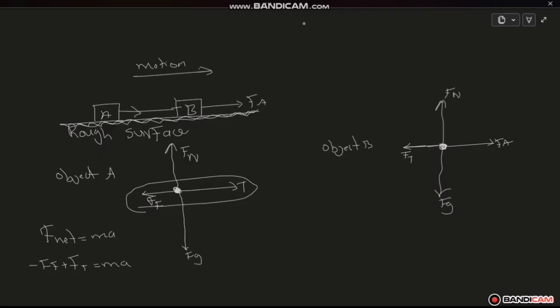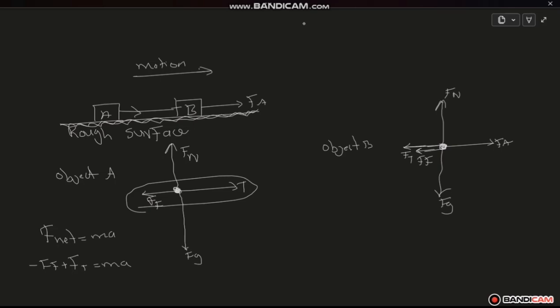Then after that we do have FT, we do have FF, the frictional force. So we have three forces that are horizontal. So these forces have an effect on the F net side.